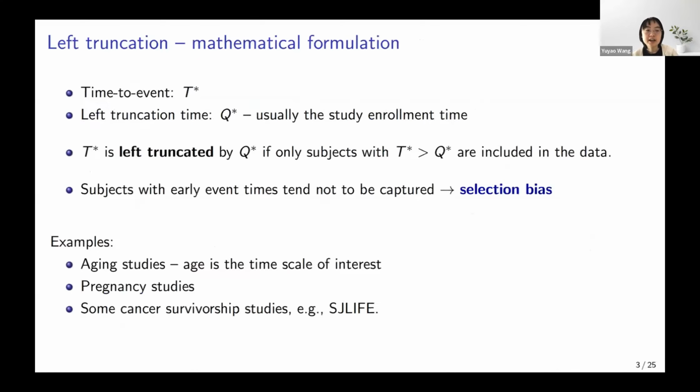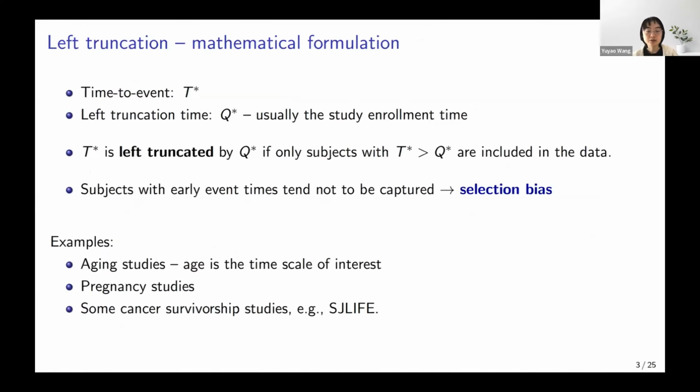So mathematically speaking, suppose we have a time to event t, and suppose we have a left truncation time q, which is usually the study enrollment time. And we say that the event time of interest is left truncated by q if only subjects with t greater than q are included in the data.